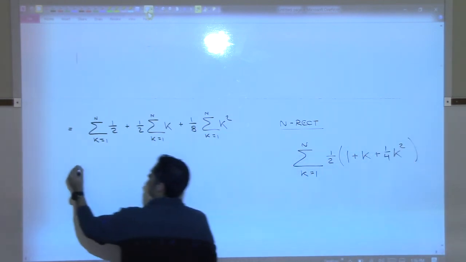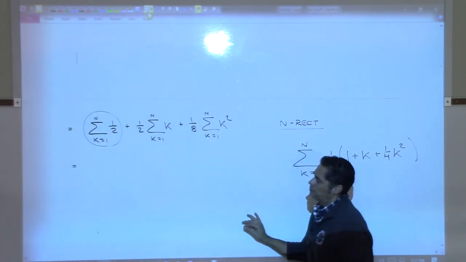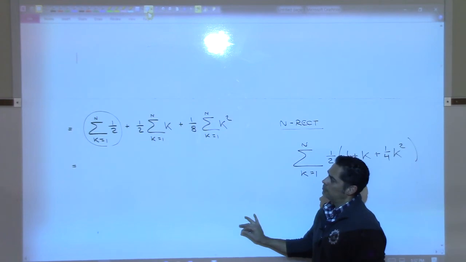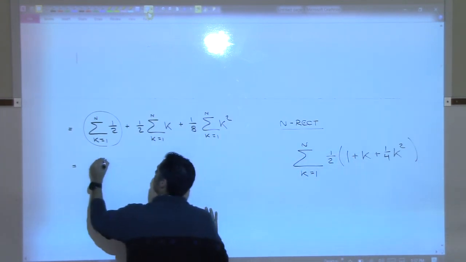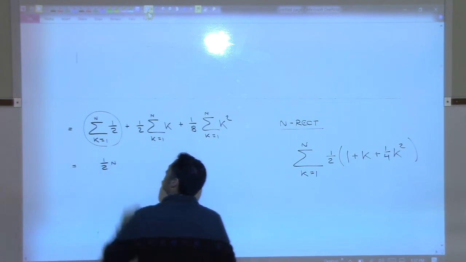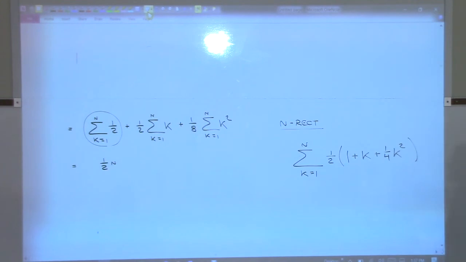All right, what do we get from this first piece? 1/2 n, yes? Half of n. N squared plus 1 plus n over 2. Well, you know what? Hold on. We have an issue.